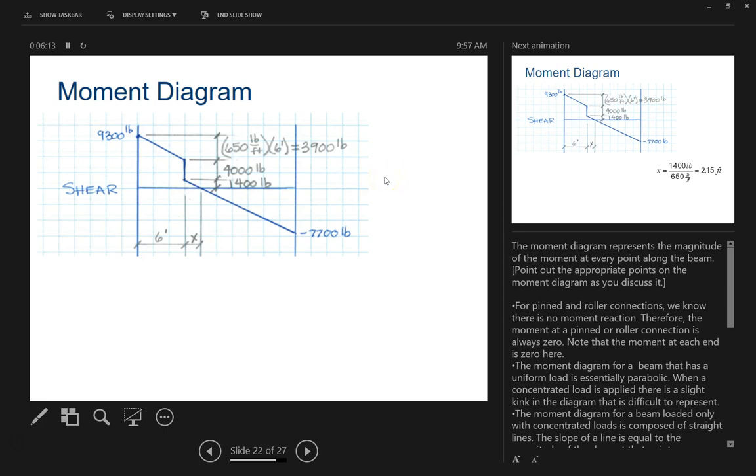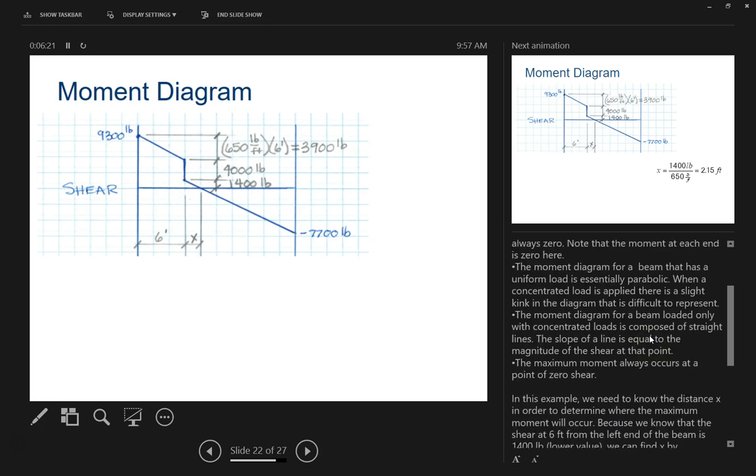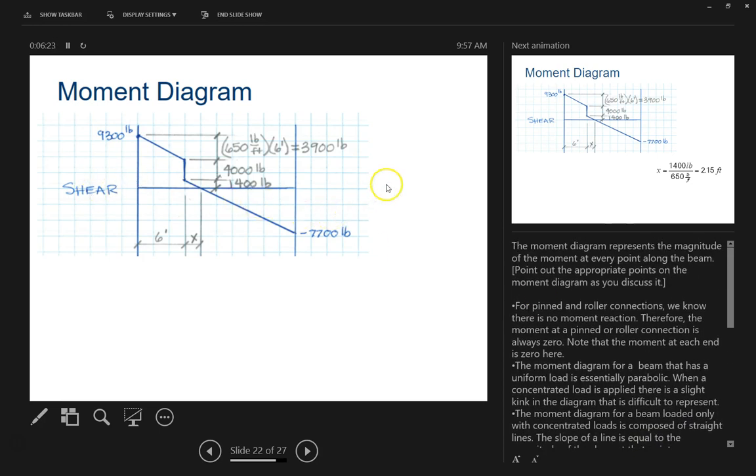And so for pinned and roller connections, we know that there's no moment reaction. Therefore, the moment at pinned roller connection is 0. All right. So that is the X direction. We're not seeing any kind of reaction forces this way, so we're only looking at vertical reaction forces up and down.